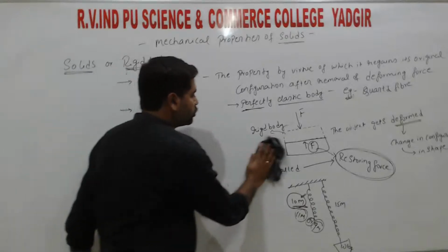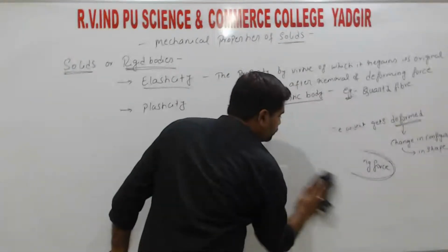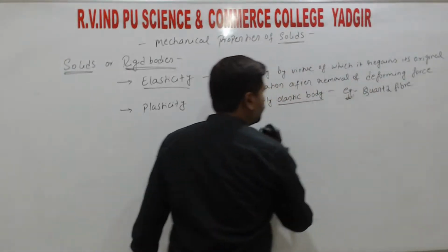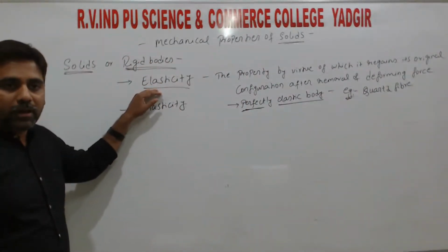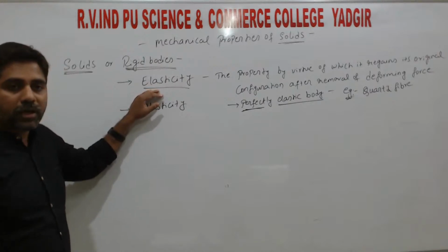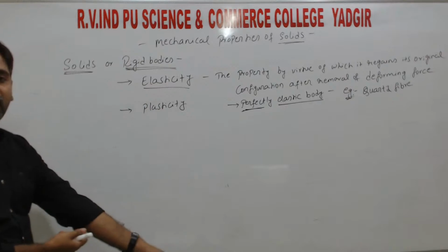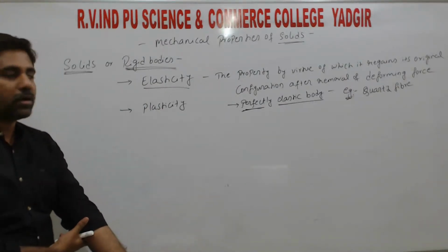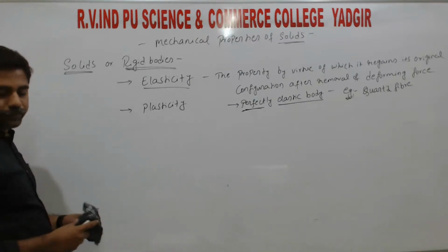Plasticity is opposite to elasticity, right. Actually this has been removed from the syllabus. So these are the basics of elasticity and plasticity, but if this is not known, it will not help in the next concepts. So it is better to understand what elasticity and what plasticity are, right.